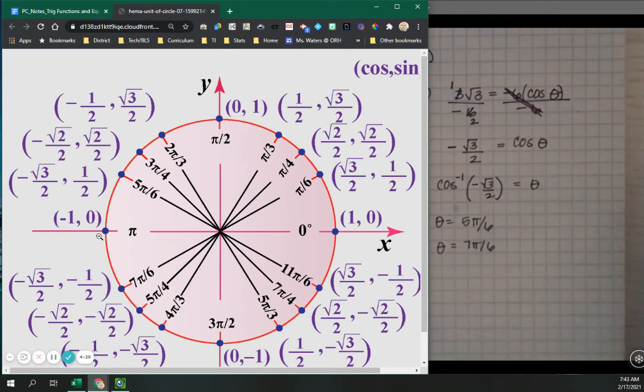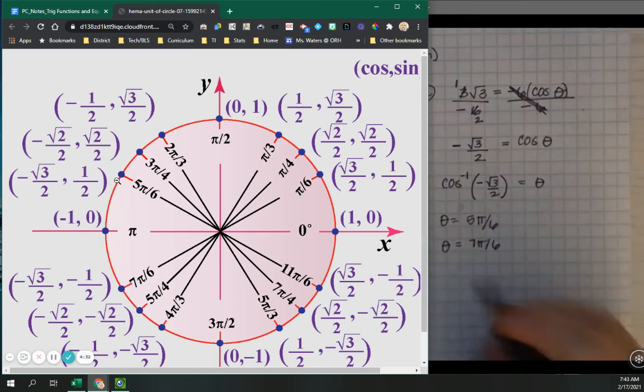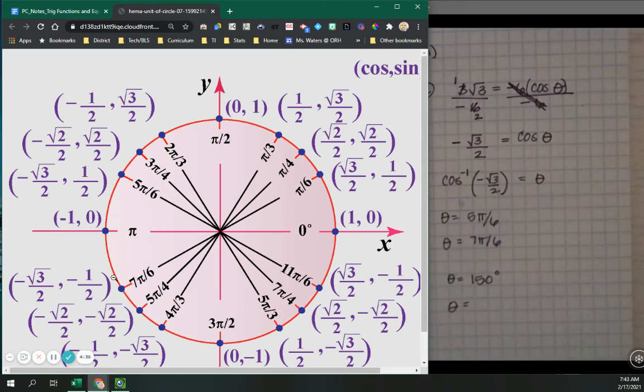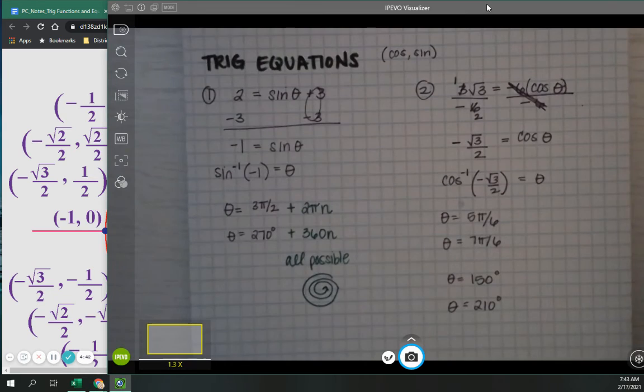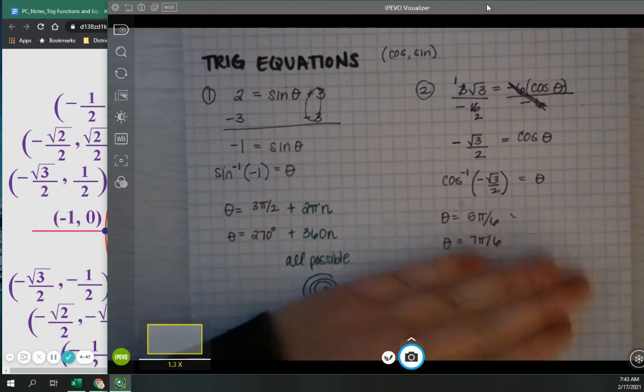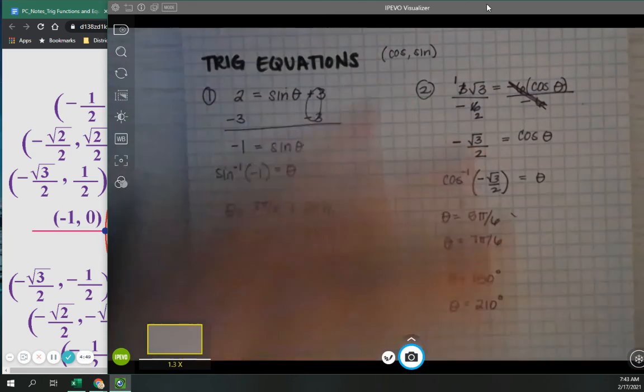If you want to know what those are in degrees, here's 180 minus 30 is 150 degrees. And then 180 plus 30 is 210 degrees. All right. So here are my two possible answers in radians and my two possible answers in degrees.